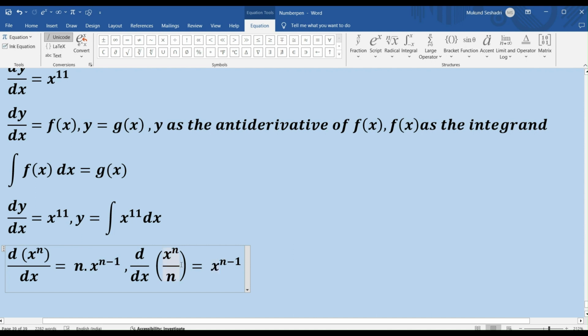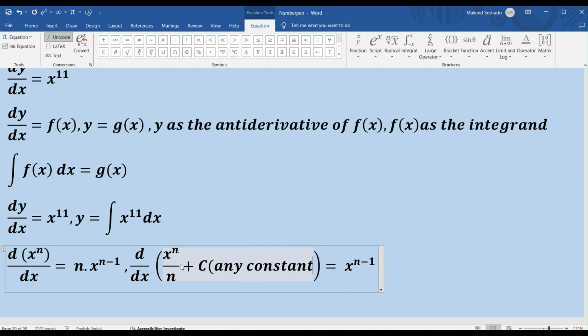Why is that? Because d by dx of x to the power n divided by n is equal to x to the power n minus 1, and at the same time d by dx of x to the power n divided by n plus c, where c is any constant, is also x to the power n minus 1, right?